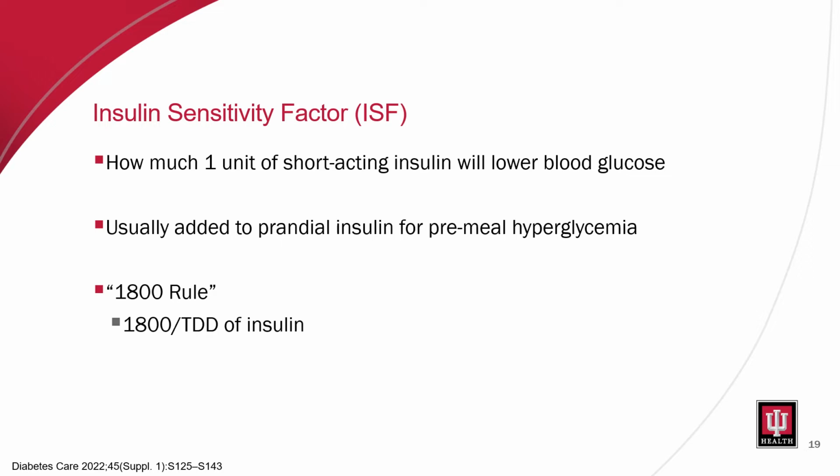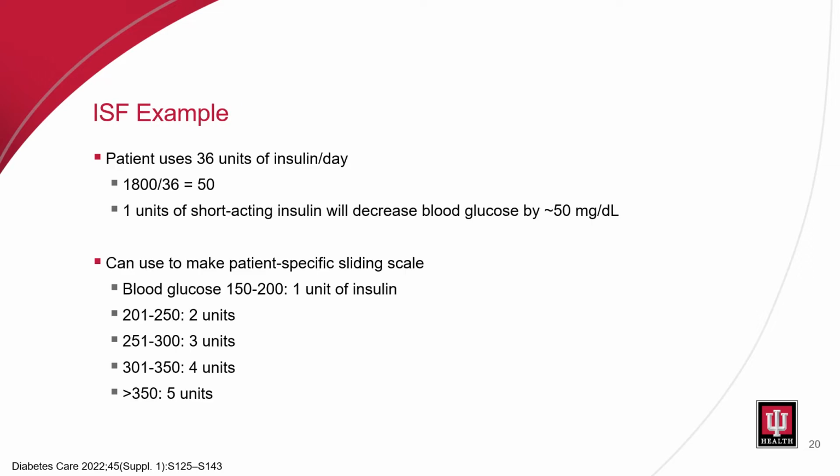Rather, we can use the 1800 rule. Essentially, in the 1800 rule, you just take 1800 and divide that by the total daily dose of insulin. So for our previous patient, she was getting 12 units per day of her total daily dose. We would take 1800 divided by 12 units. The example that I have listed here is that a patient uses 36 units of insulin per day as her total daily dose.